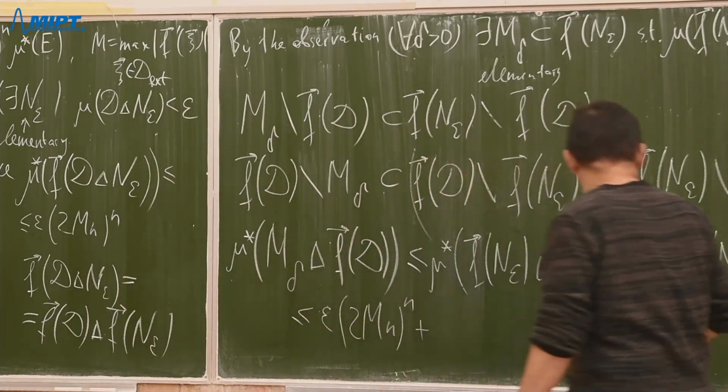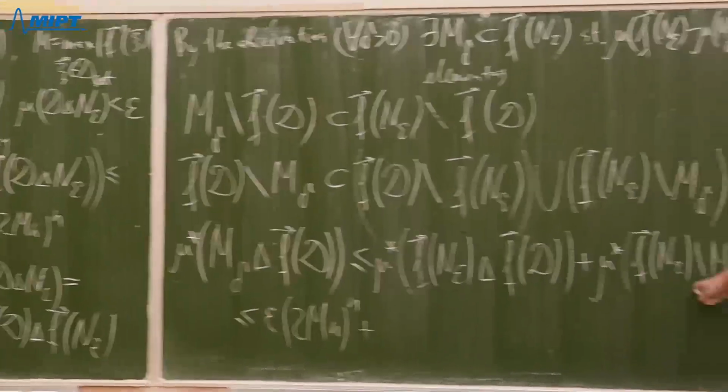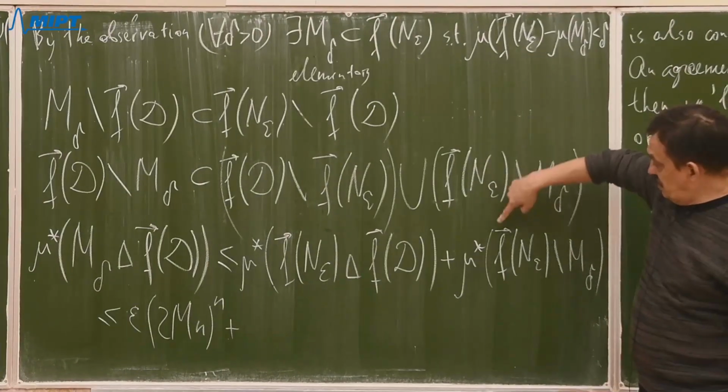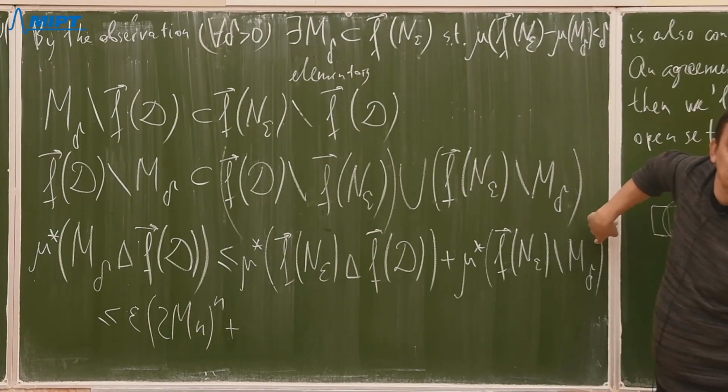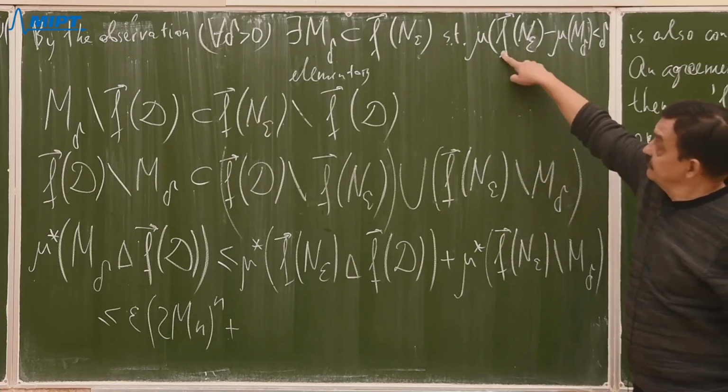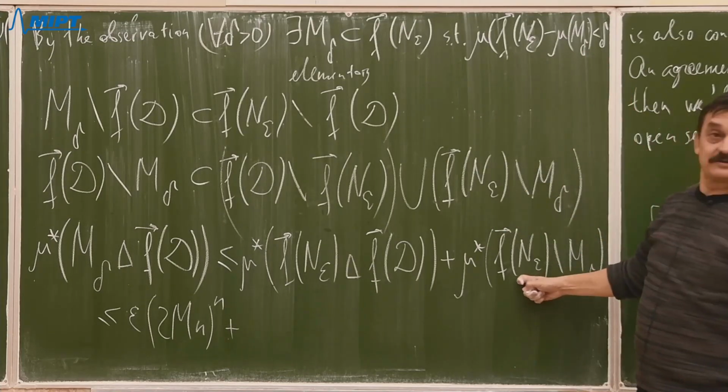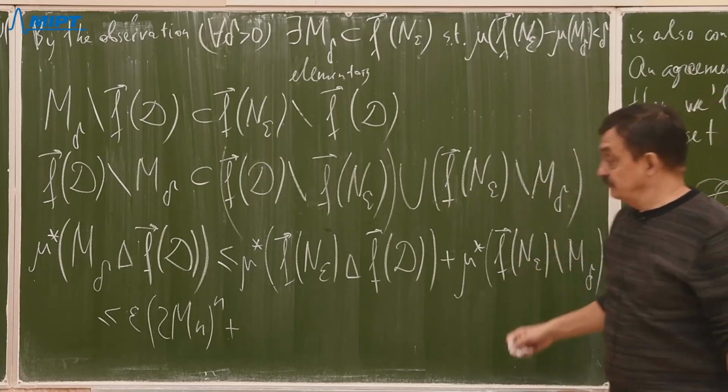And the second term, look, here everything is measurable in fact. So that is equal to the difference, because that is a part, less than delta, plus delta.